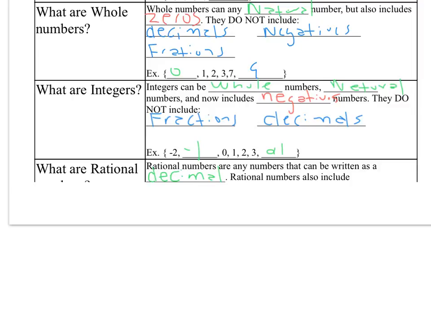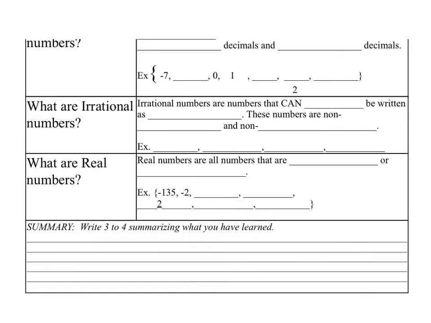Rational numbers also include terminating decimals and repeating decimals.